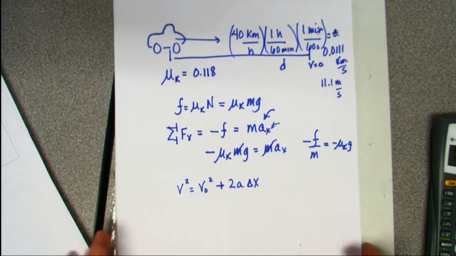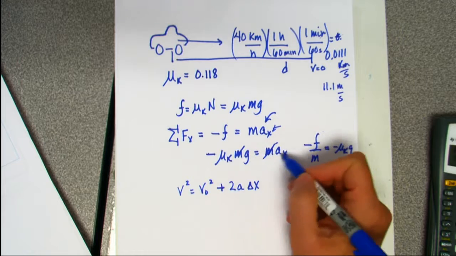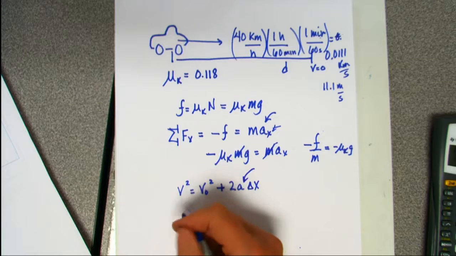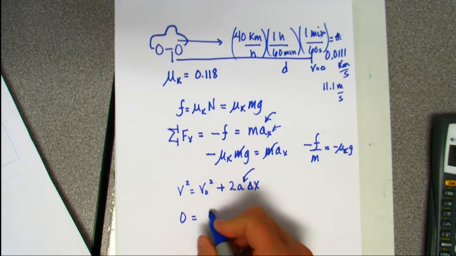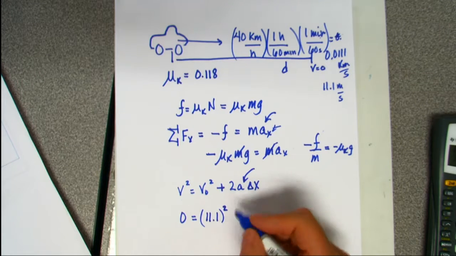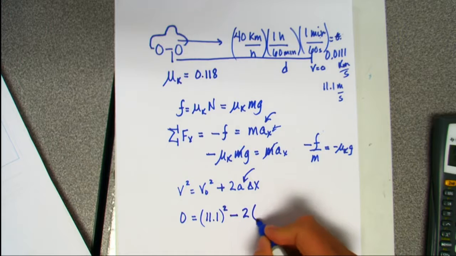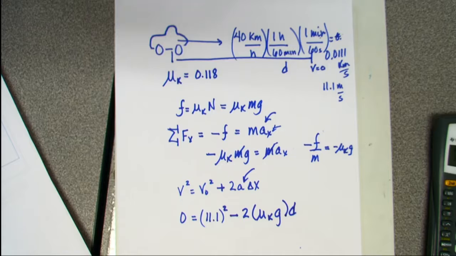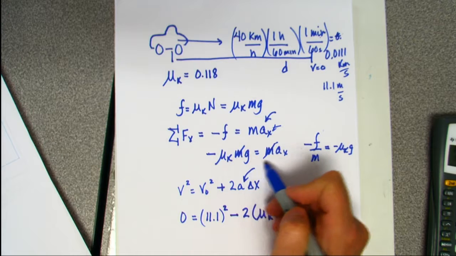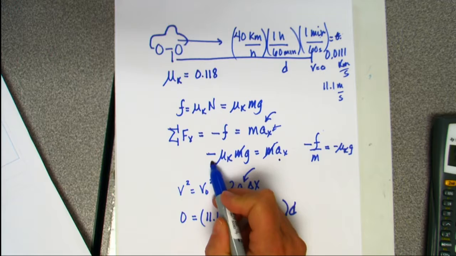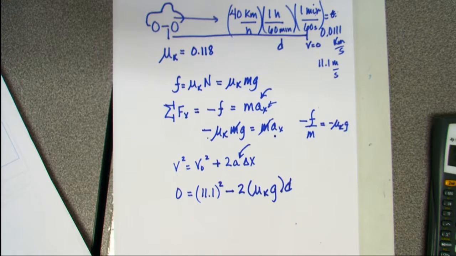So we've solved for a_x and I can plug that in. 0 is equal to 11 meters per second squared minus 2 mu k g times the distance that I'm trying to solve for, because it's a deceleration and my acceleration is negative.